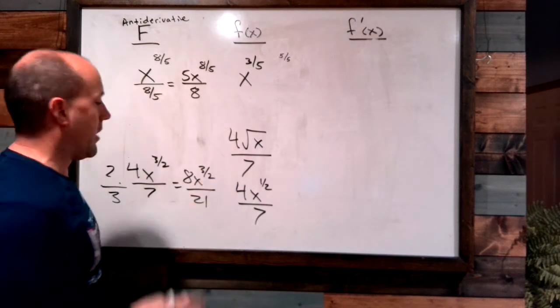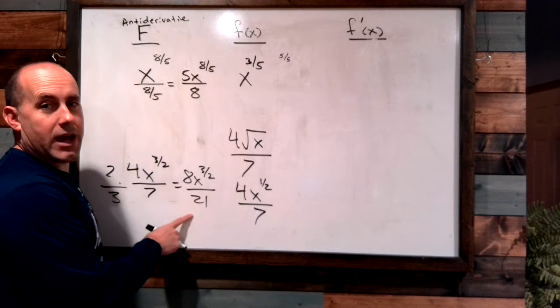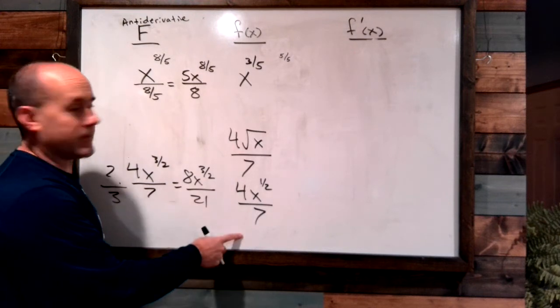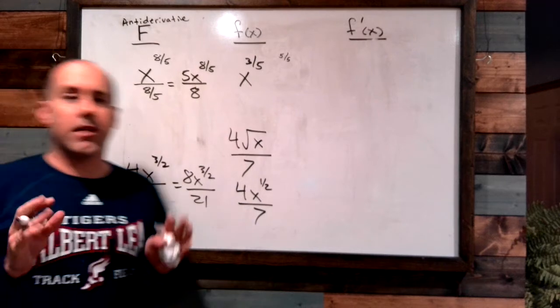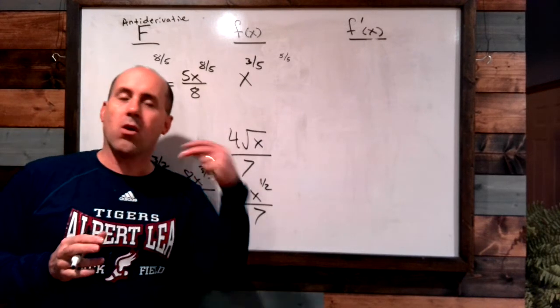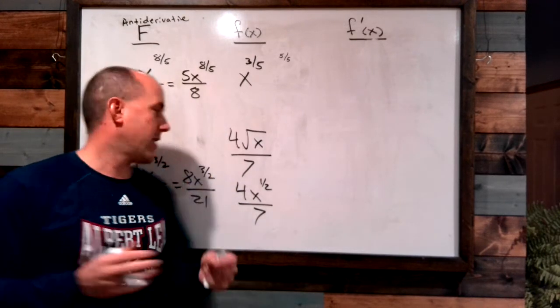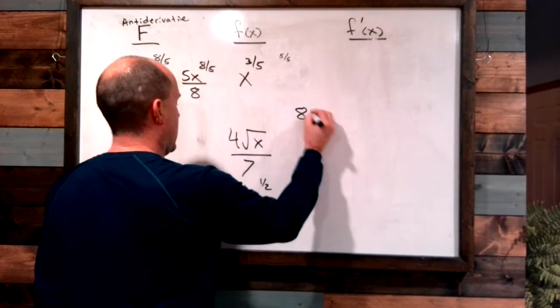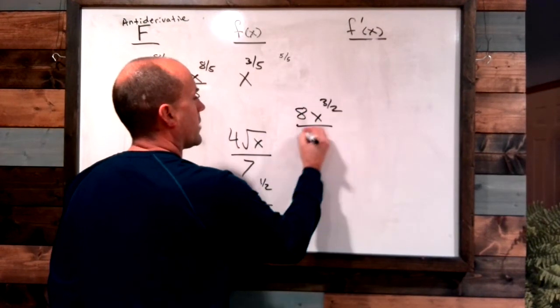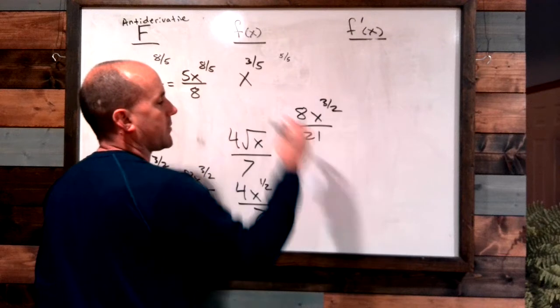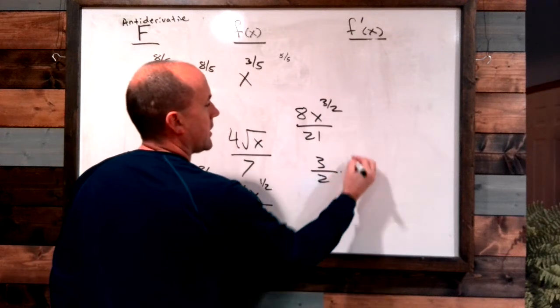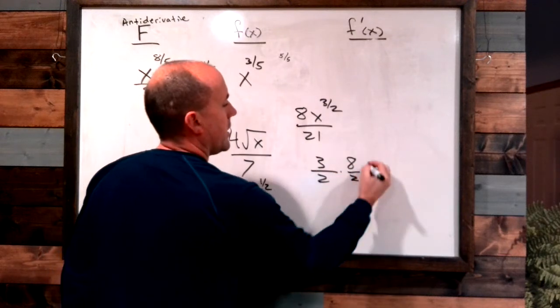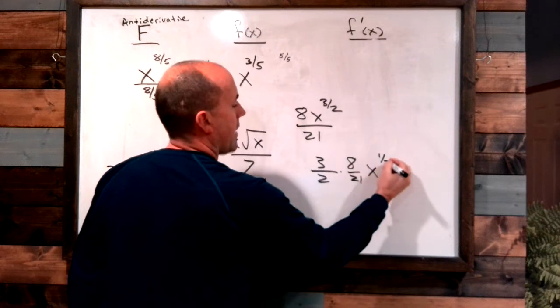We get 8x to the 3/2 over 21. Now, here's the great thing about it. I got 8x to the 3/2 over 21. You want to check to see if it's actually the antiderivative. And that's something that, as a math teacher, you want to see all your students doing, that you can verify your answer. So 8x to the 3/2 over 21. When you take this derivative, you drop the 3/2 in front, times 8 over 21, x to the 1/2.